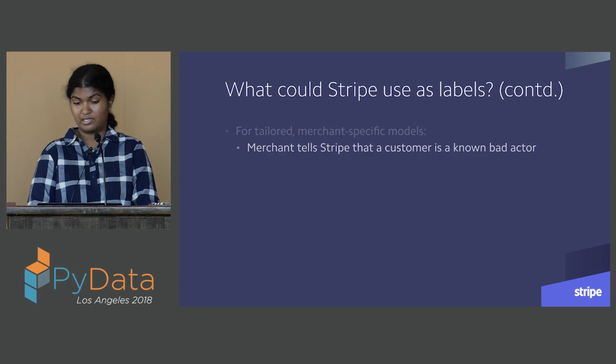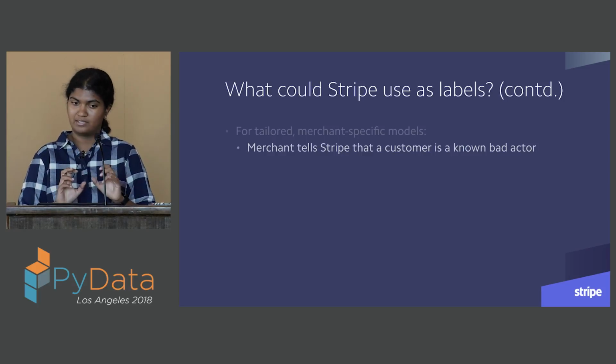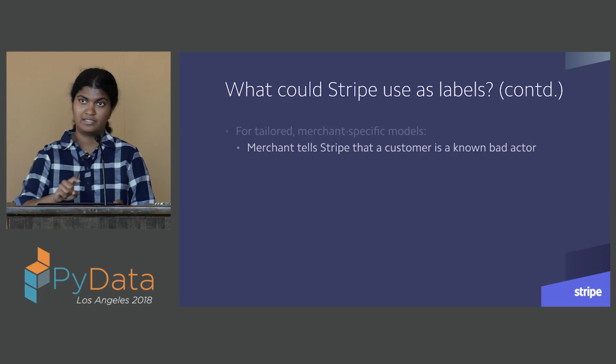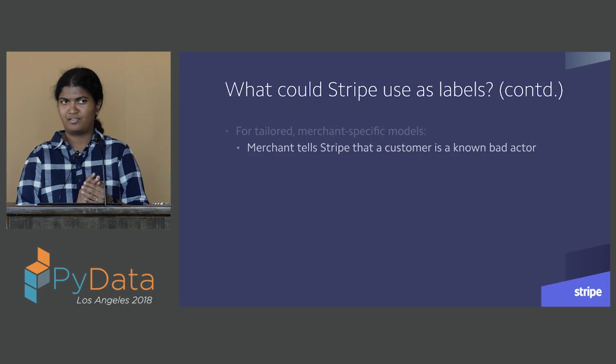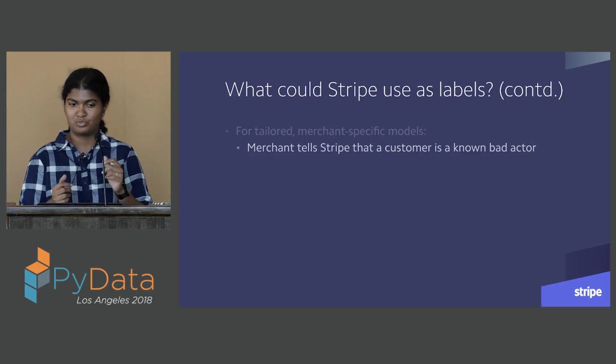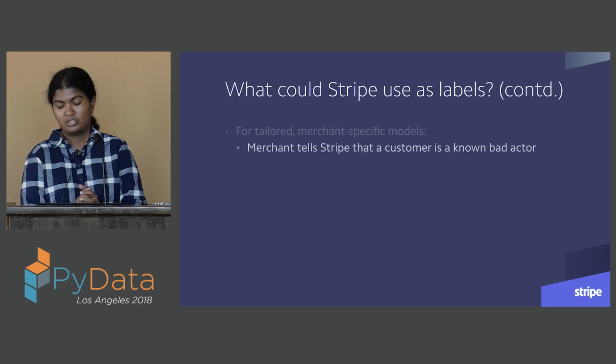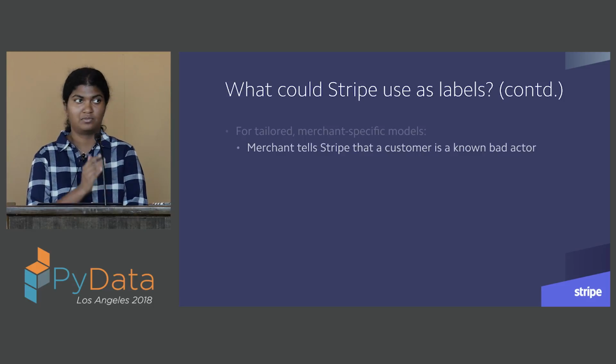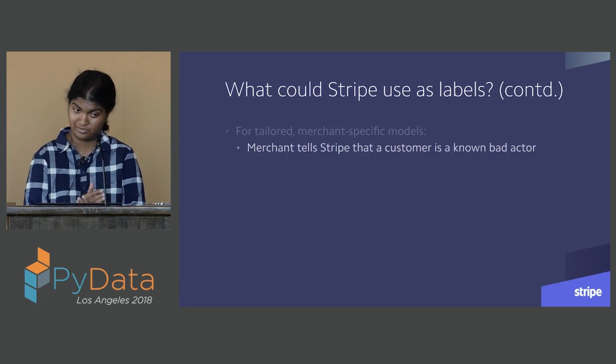There's a subtle difference here. If we're training a model that works across multiple merchants, and this one merchant tells us that they don't like a specific customer, it isn't fair for us to bias other merchants' labels with this merchant's judgment. So this would only work in the case where the model is very specific to a specific merchant.